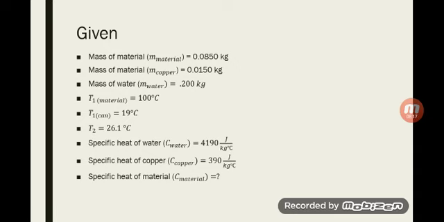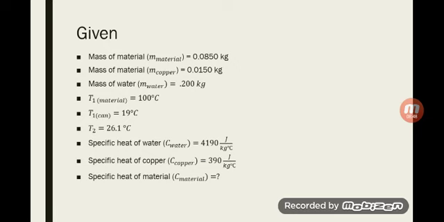We're given T1 for the material, which is 100 degrees Celsius, T1 for the can, which is 19 degrees Celsius, and T2 for everything, which is 26.1 degrees Celsius. The higher temperature loses heat and the lower temperature gains heat. So 19 degrees Celsius went to 26.1, and 100 degrees Celsius went to 26.1.